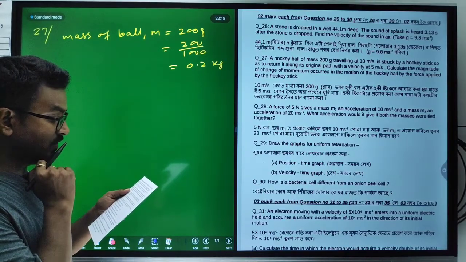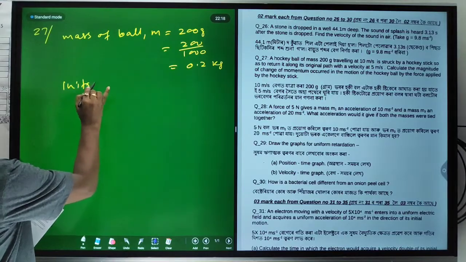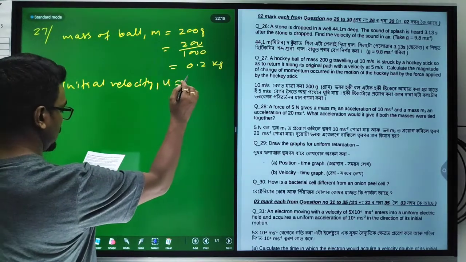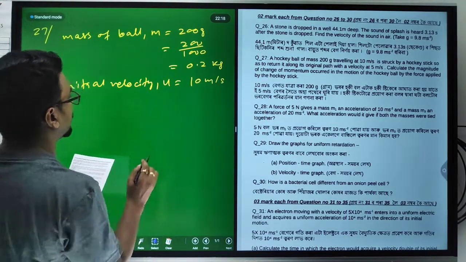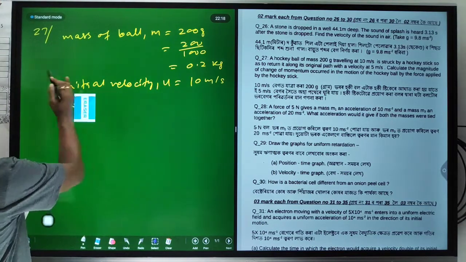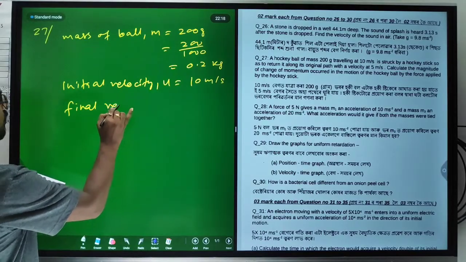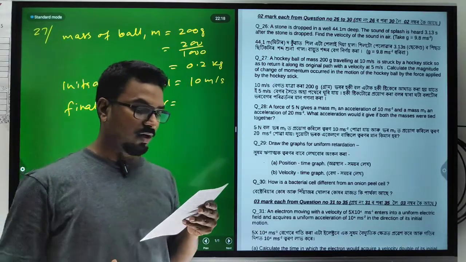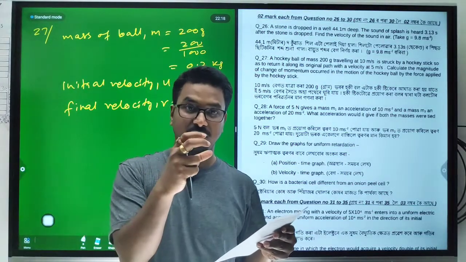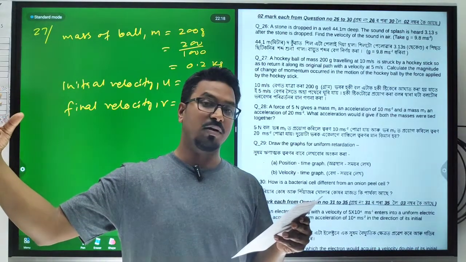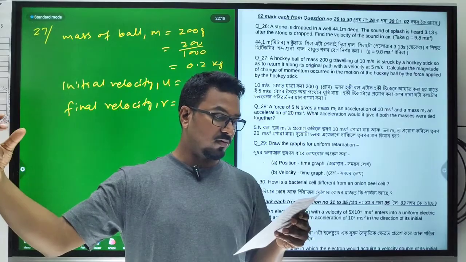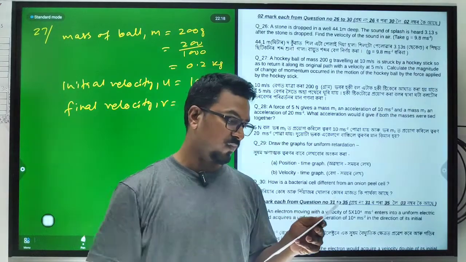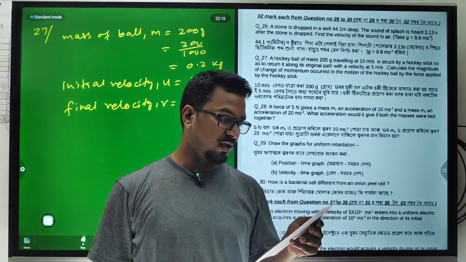The mass of the ball is 0.2 kg. Initial velocity u is given as 10 meter per second. Final velocity is 5 meter per second.